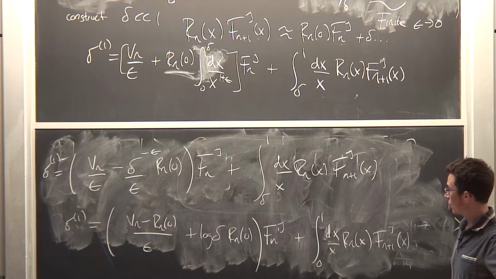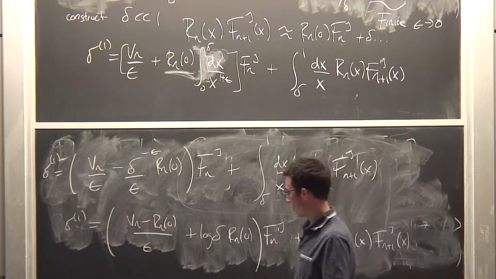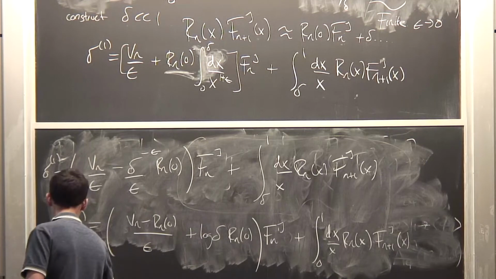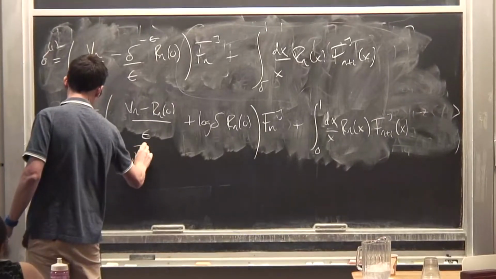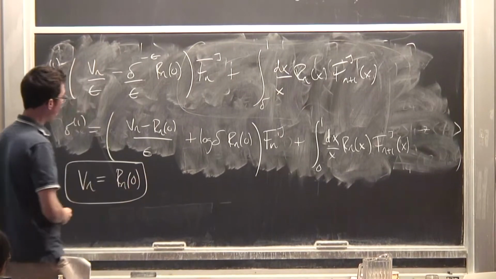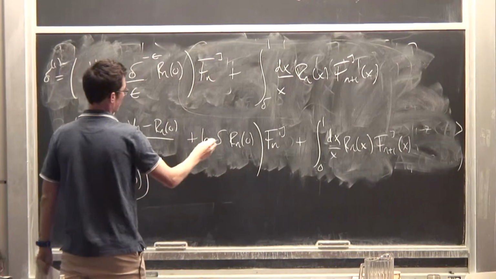So we are almost done if we could impose some kind of theorem that told me that Vn had to equal Rn 0. Is Rn 0 included inside that logarithm, or is it just log of delta? Log of delta. It's coming from the expansion of this as a series in epsilon.